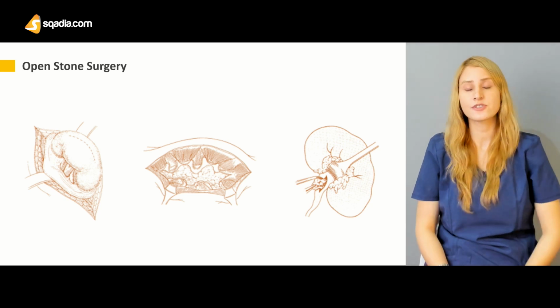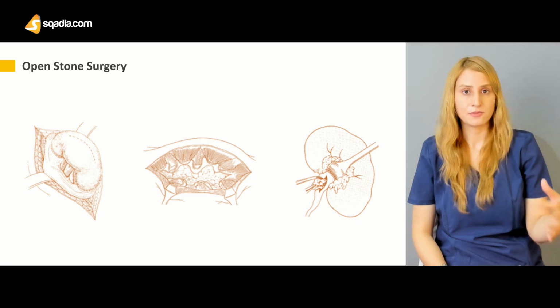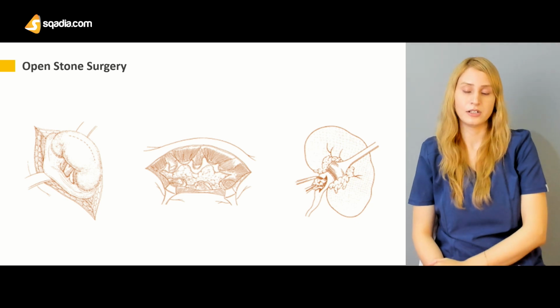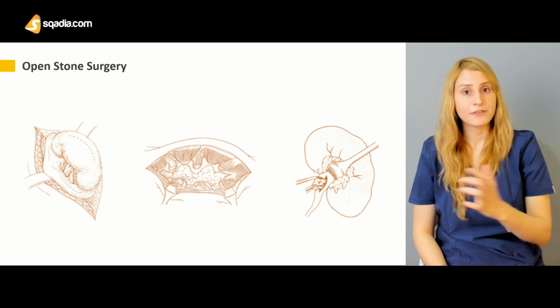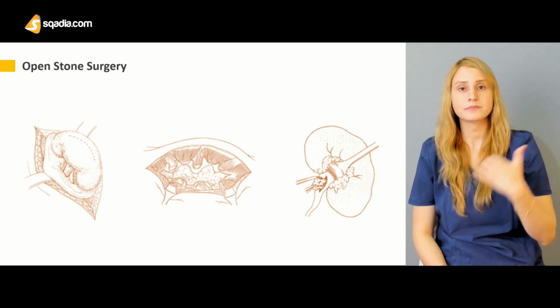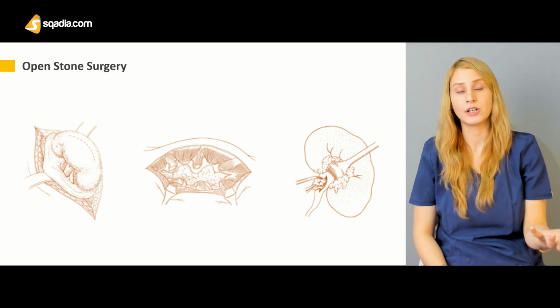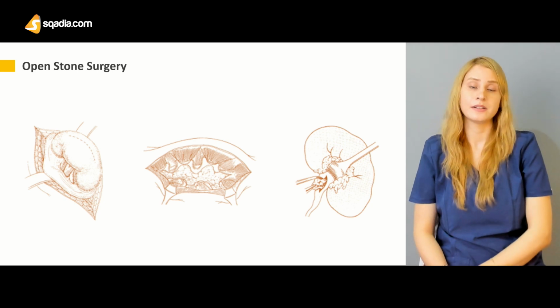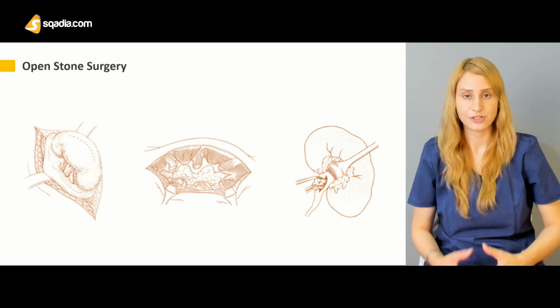Open stone surgery is usually reserved for renal stones, maybe upper, middle or lower lobe stones. But for the ureteric stones, you can do it with a PCNL, or you can go for pyelolithotomy, or you can go for ureteroscopy. These are the techniques which are actually used.